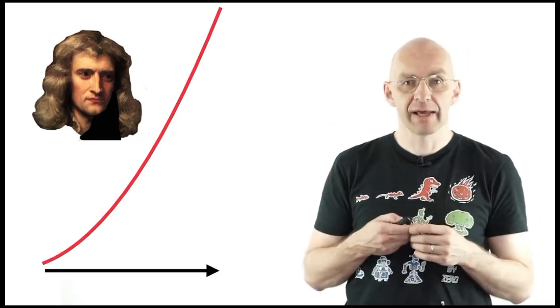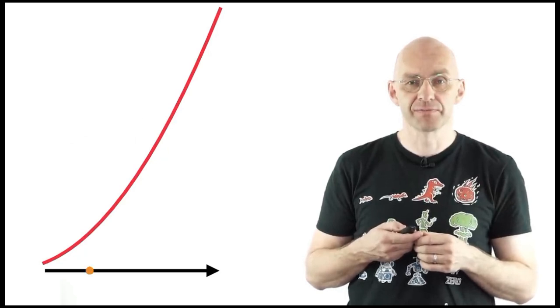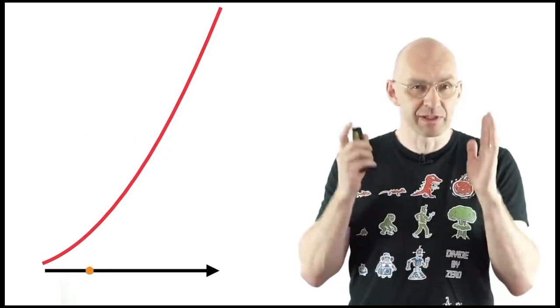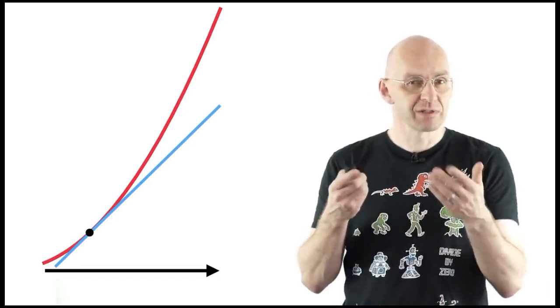So here I've drawn a nice function, and we want to find the derivative of this function at a certain value. Now you all know that this stuff is incredibly important, but it has a really simple geometrical interpretation. The derivative here is just the slope of this touching line. Now, just reading off from the function, it's not clear what that slope should be.